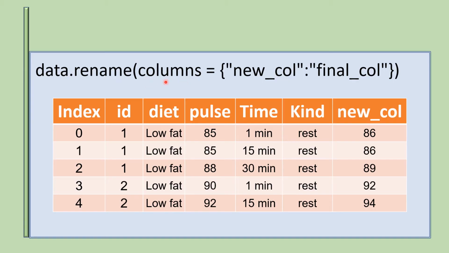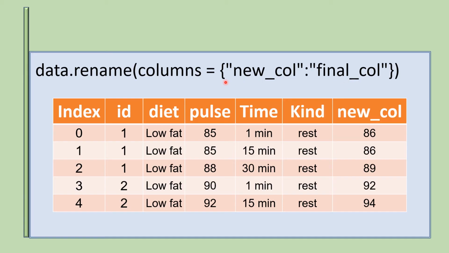So basically after rename, when we are placing columns, we are telling what all columns out of these existing columns we want to rename. In this particular case, the column by name new underscore col, we want to rename it, and the new name that we thought to give is final underscore col.